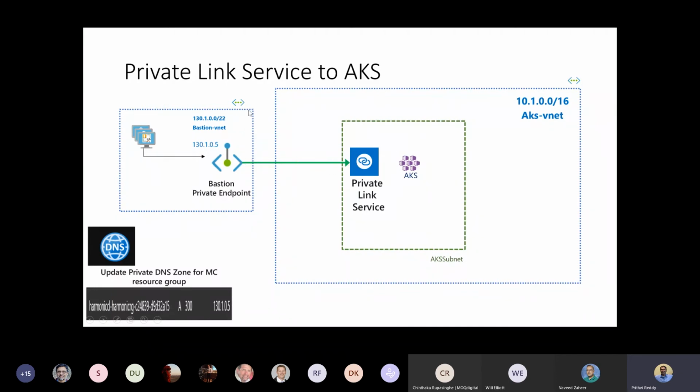So in this example here, we call this a Bastion subnet. Typically, this is where customers will put a jump server. The jump server accesses a private endpoint, and that private endpoint is connected to what's referred to as a private link service.